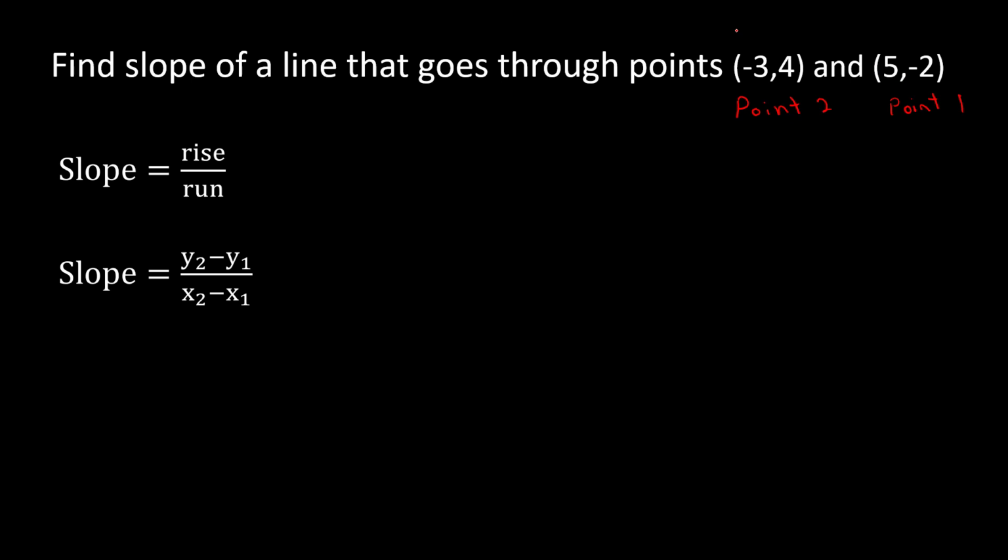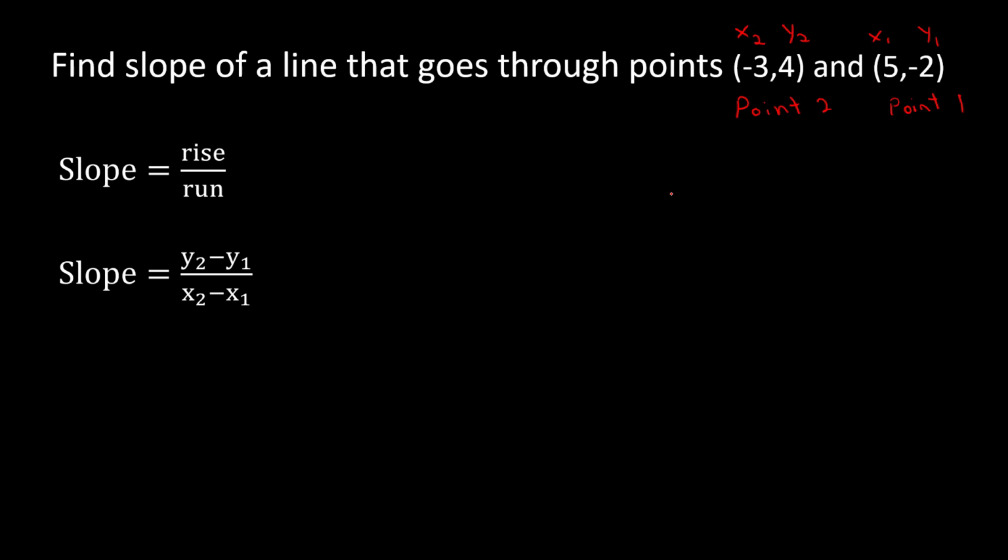So if this one is point 2, this is your x value, so x2. This is your y value, so y2. And then here we have x1 and y1. Notice the numbers correspond. If this is point 2, then this would be a 2 and a 2. If this is point 1, this would be a 1 and a 1.